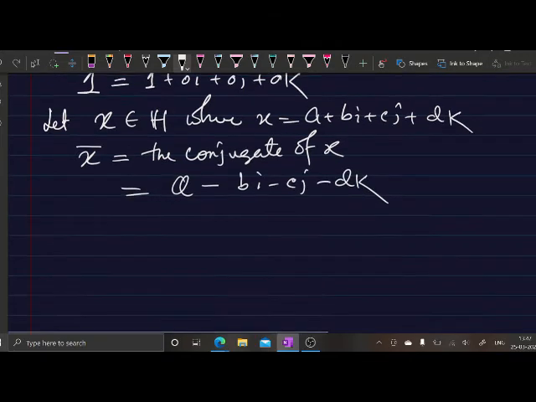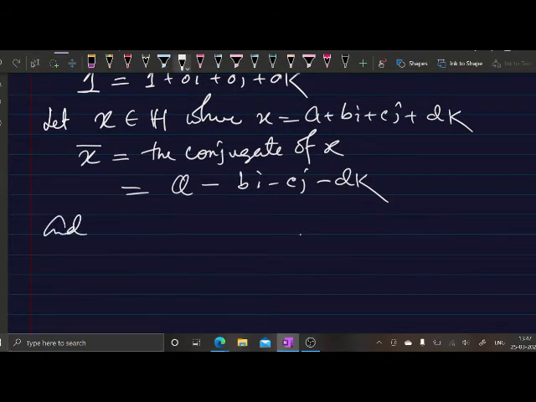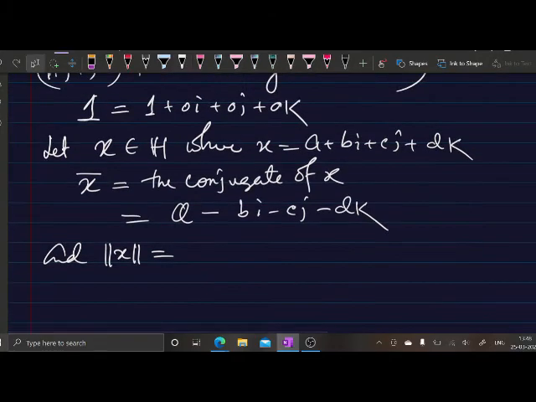Also you can define the norm, as we have defined the modulus of complex numbers. This is the norm of x, but sometimes you can call it the length of x.